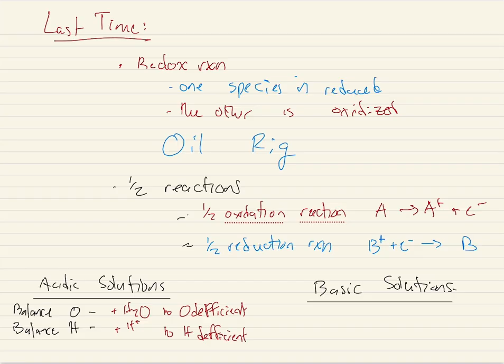And when we do this, we end up balancing the charge of both our half reactions, and we make sure that the oxygen and hydrogens are also balanced, right? Because when we add water to the oxygen deficient side, now we have to account for that by adding hydrogens to the other side. And what about in basic solutions? How do we balance oxygen?